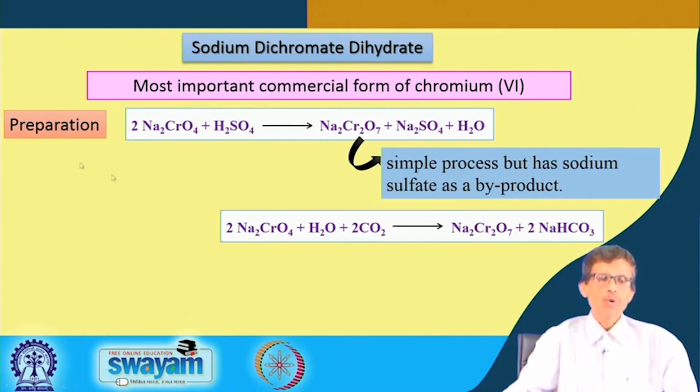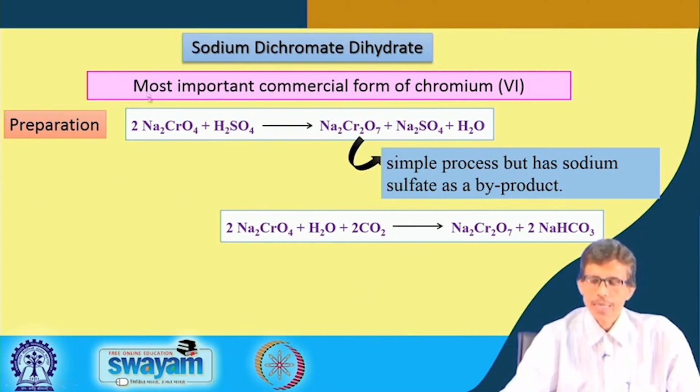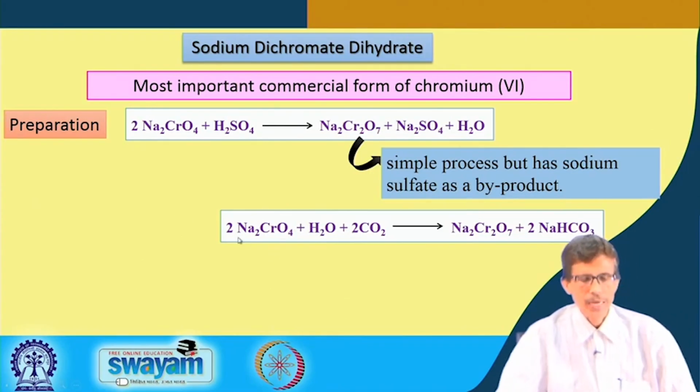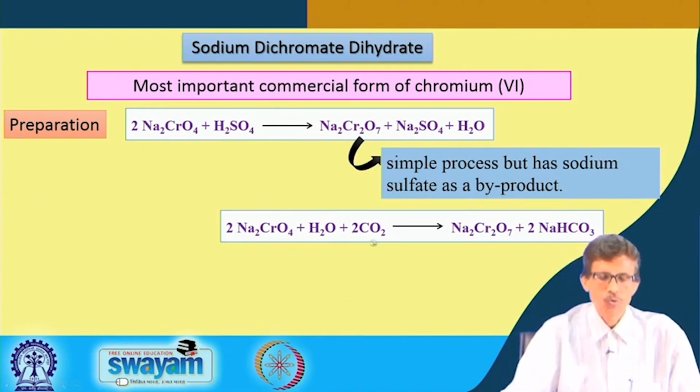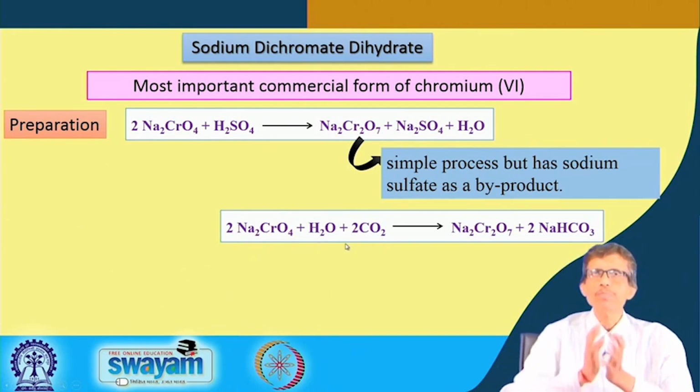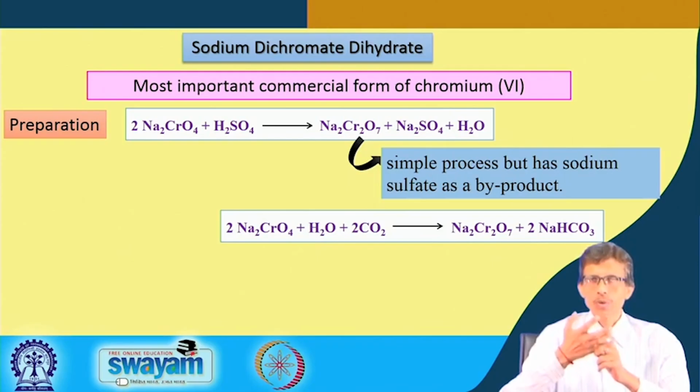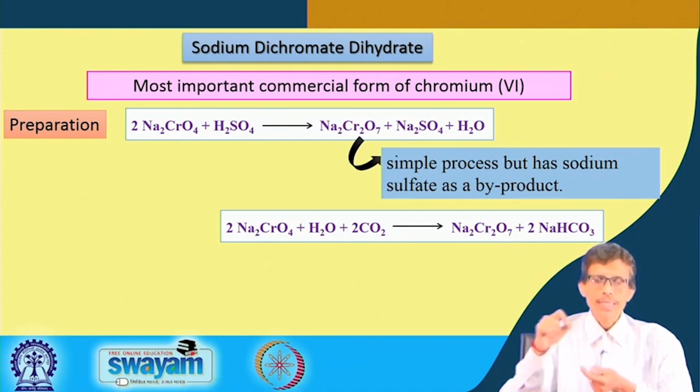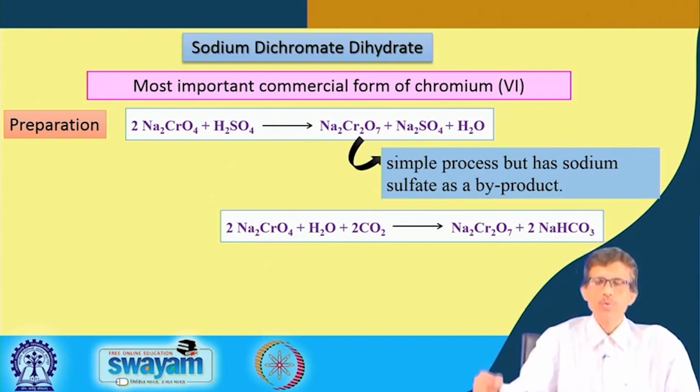Now, the sodium chromate can also be digested in some other way, as I already told you, that you can go for carbon dioxide also. These are the very simple processes: either you add the sodium salt of the chromate to sulphuric acid, or you directly treat it with carbon dioxide as a gas, converting it in both cases to dichromate.